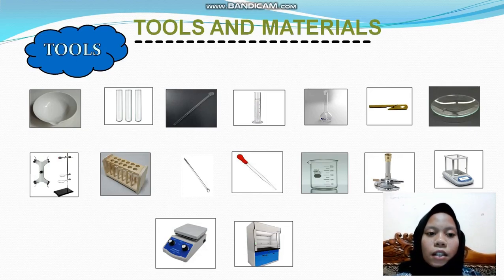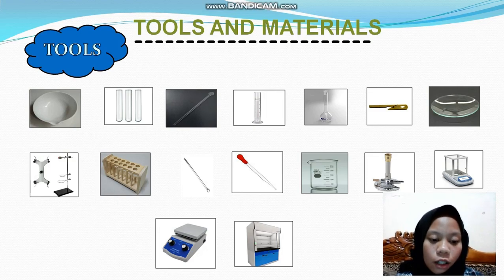Tools and material. Tools: porcelain cup, test tube, stirring rod, measuring glass, volumetric flask, test tube rack, watch glass, clamp and stative, drop pipette, chemical glass, analytical balance, hot plate.